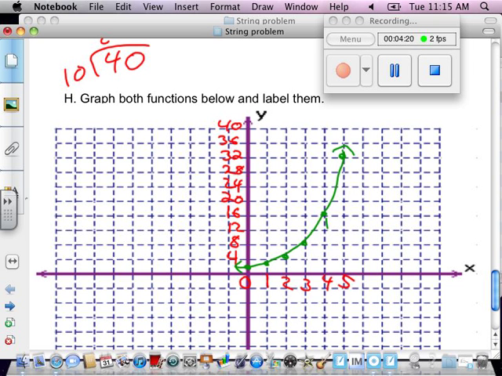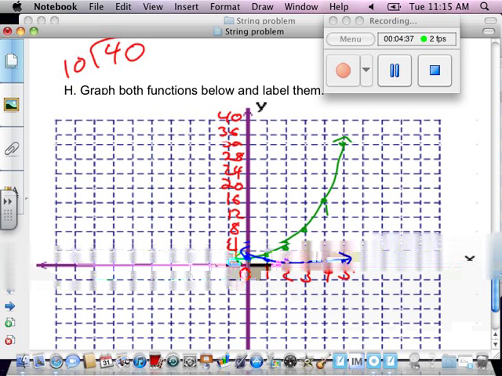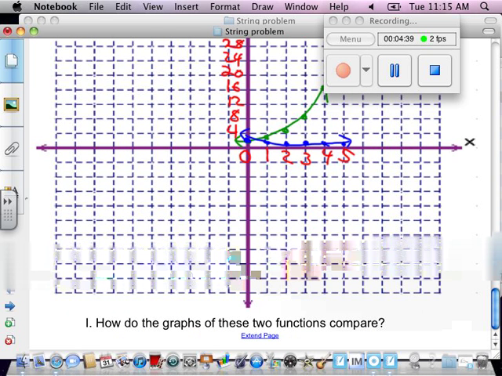Now I'm going to graph how big the pieces are. It starts off at 1, and then it's 1/2, and then it's 1/4, and then it's 1/8, 1/16, and 1/32. So we can see the difference with the length versus the number of pieces. Finally, we're going to compare these graphs.